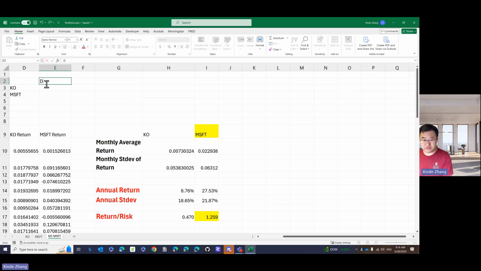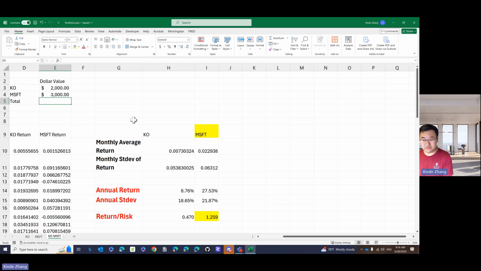So this is going to be the so-called dollar value for my stocks. I happen to have $2,000 in Coca-Cola and $3,000 in Microsoft. So in total, I have $5,000 invested.